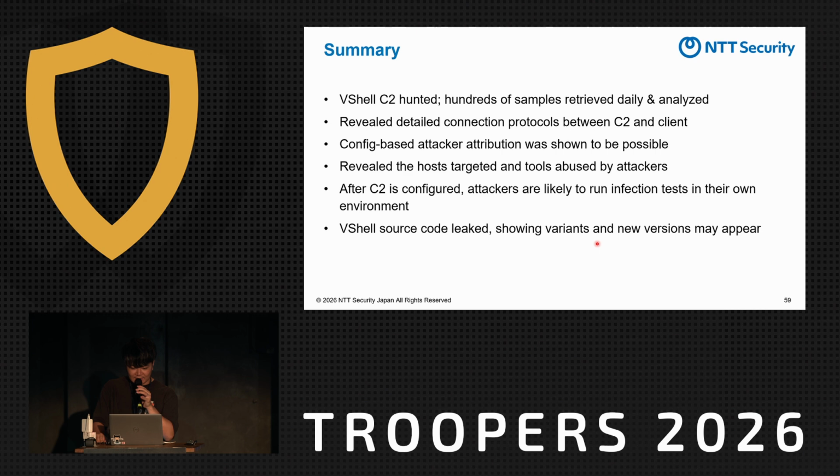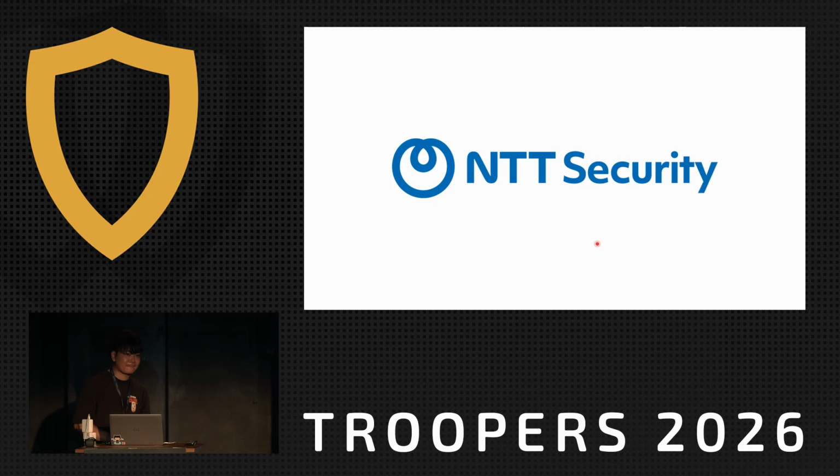Third, config-based attacker attribution was shown to be possible. Fourth, the hosts targeted and tools abused by the attackers were identified. And fifth, after VShell is configured, attackers tend to run infection tests in their own environment. We also note that the VShell source code has been leaked, making it likely that variants and new versions will emerge going forward. Thank you very much.